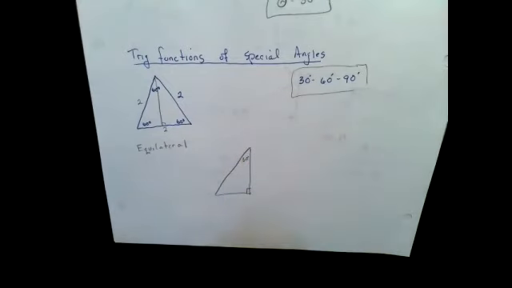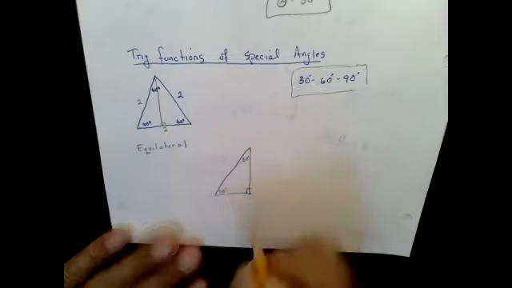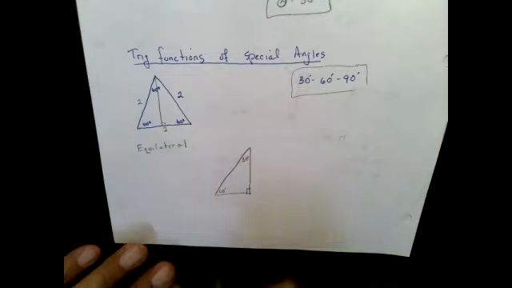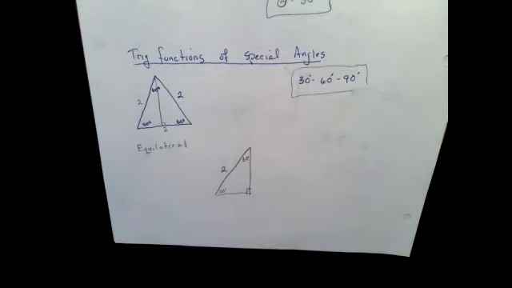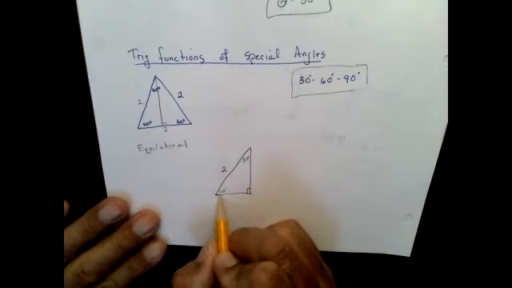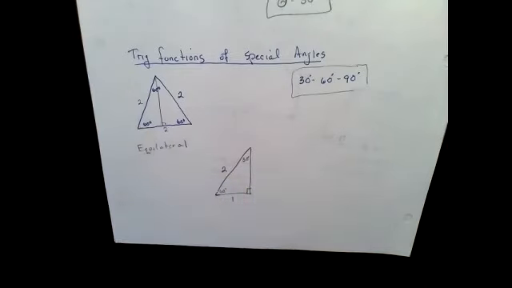I came down and made that perpendicular, and then this is 60 degrees. And I still know that this side out here was 2. This side down here, what's its length? 1, because I took that whole bottom and cut it in half.